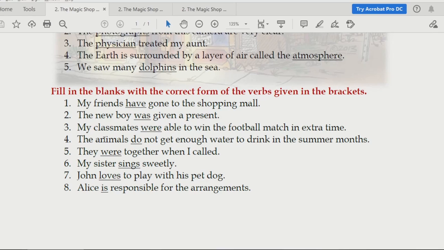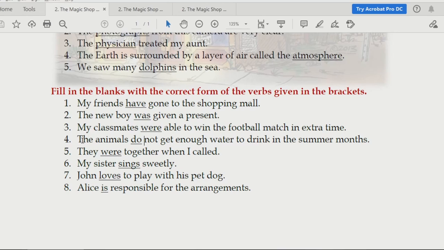Next one. The animals do not get enough water. Now the word do is a plural verb. You may ask what is the singular form? The singular form is D-O-E-S, does.